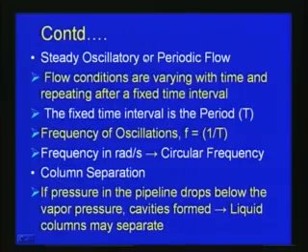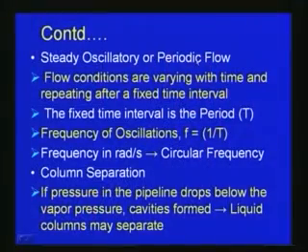And also, depending upon the flow, we can say the flow to be steady oscillatory or periodic flow. When flow conditions are varying with time and repeating after a fixed time interval, we call that kind of flow steady oscillatory or periodic flow. The flow conditions vary with time, but repeat after a fixed time interval, say a few seconds or a few minutes.